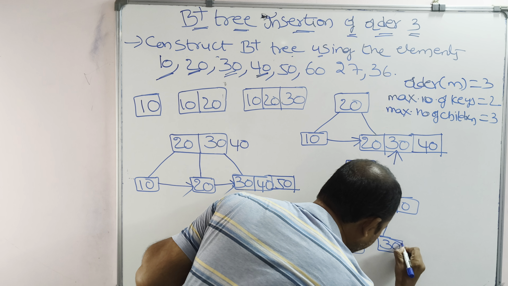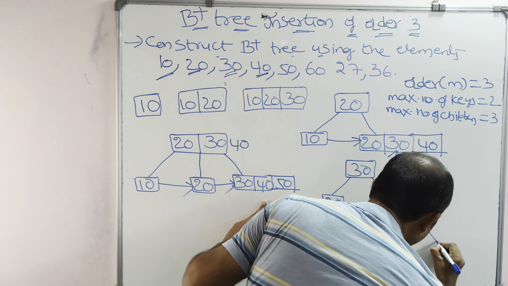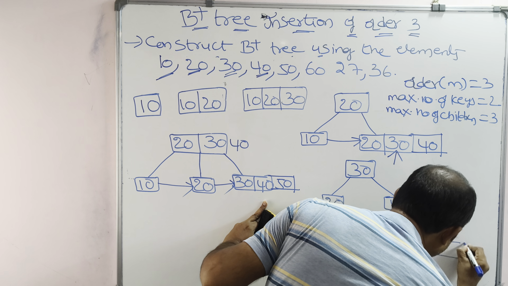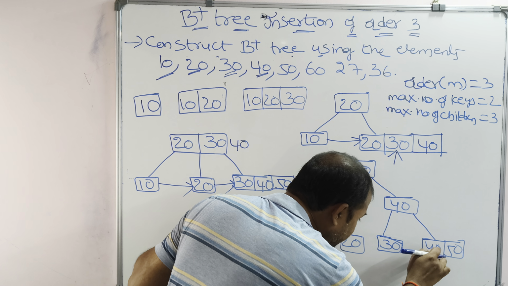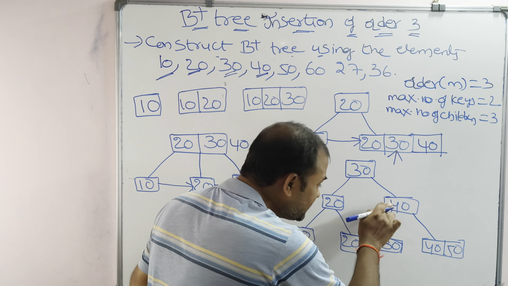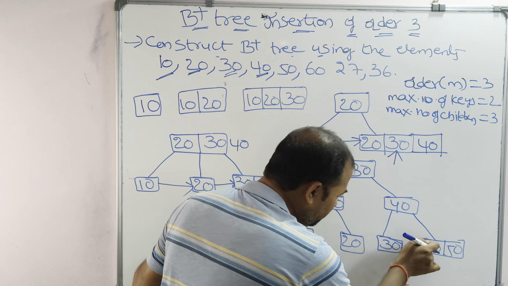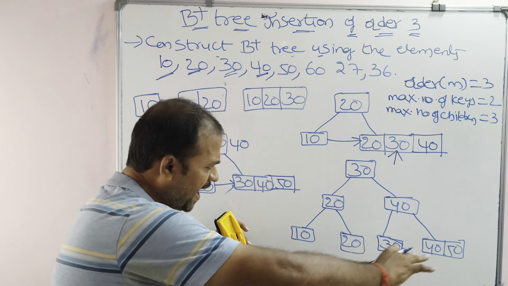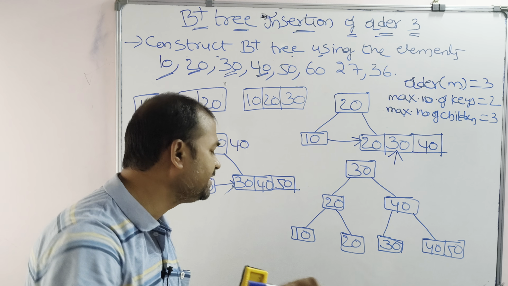So store 30 here. Next 40, 50. Store 40, 50 as the right leaf. Here this 40 is a key, whereas this 40 is a pointer which points to the key 40. We have to connect all the leaf nodes using pointers in single linked list manner.